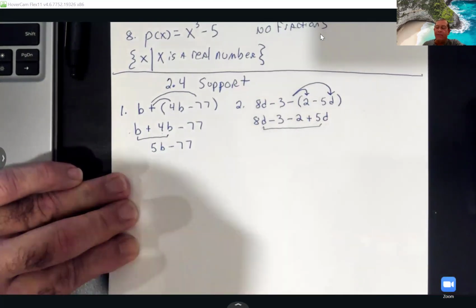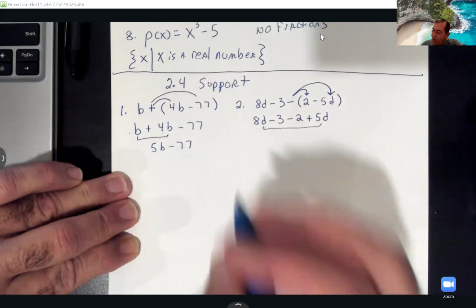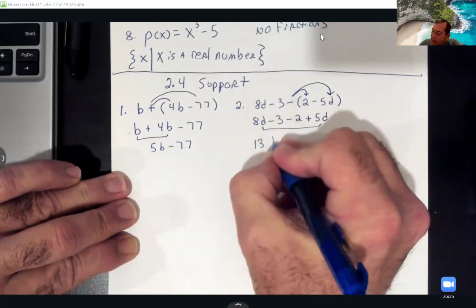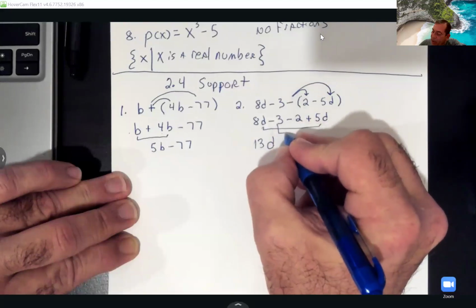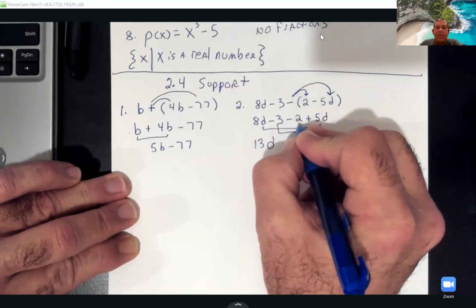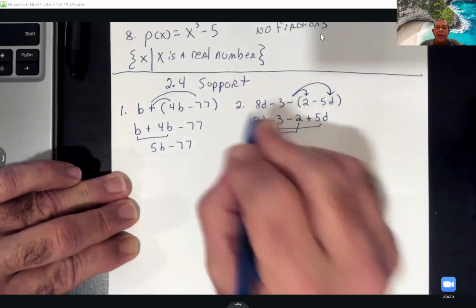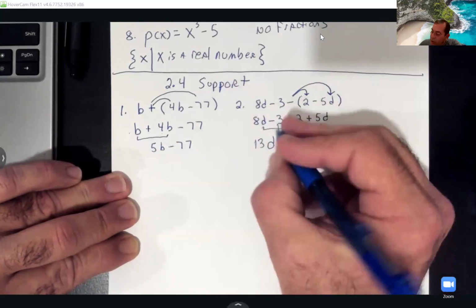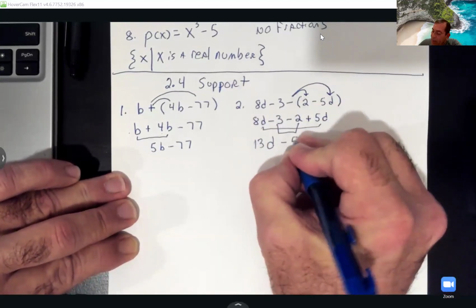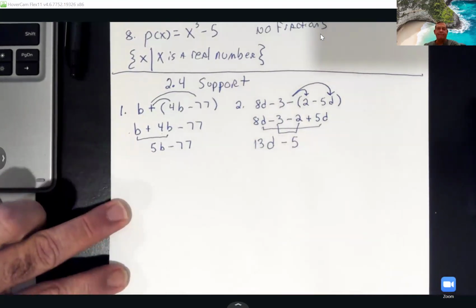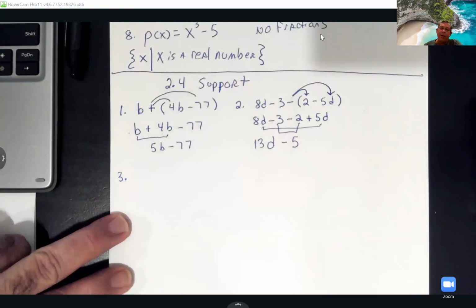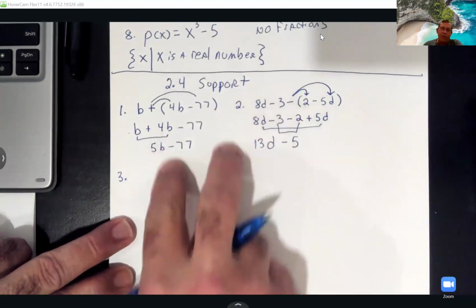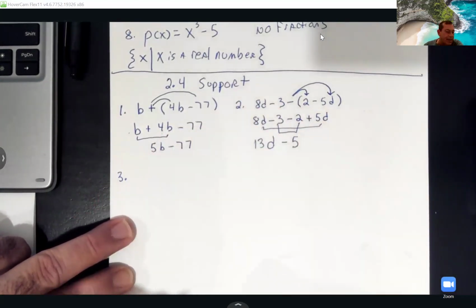So let's see, 8 and 5, that'll give me what, 13D. And then that -3 will add to that -2. So -3 minus 2 gives me what? -5. Okay, y'all, so that's what they're doing. They're really writing parentheses in this section.